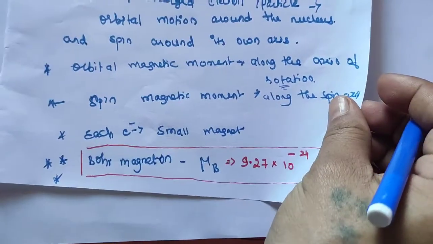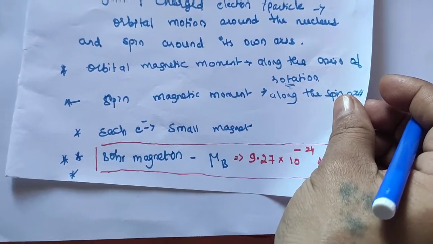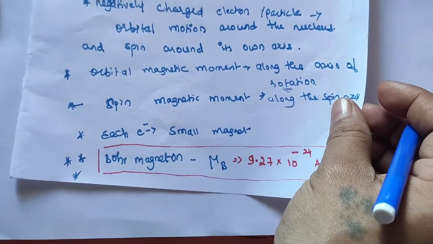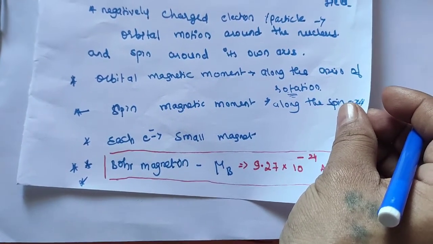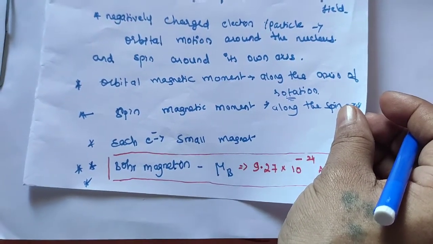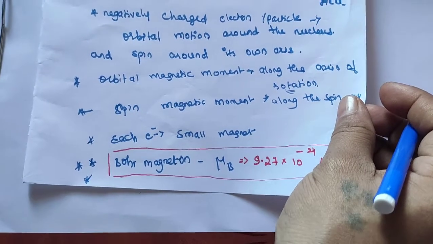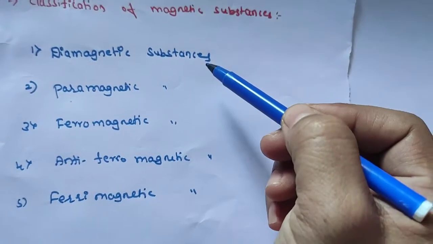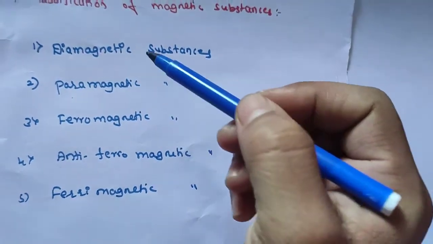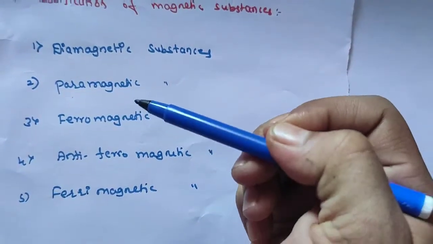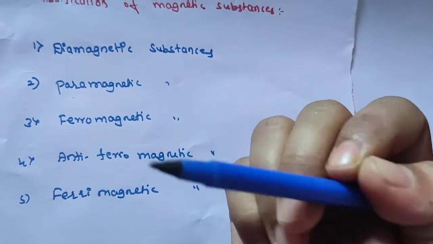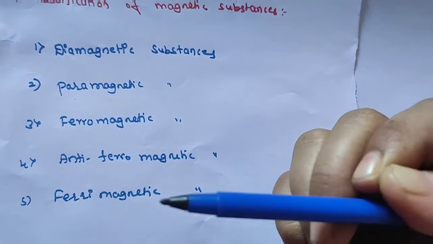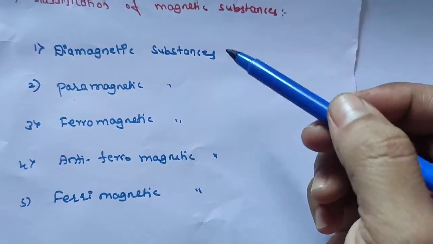Then the next topic is the classification of magnetic substances. Based on their magnetic properties, substances are classified into 5 categories: diamagnetic substances, paramagnetic substances, ferromagnetic substances, antiferromagnetic substances, and finally ferrimagnetic substances.